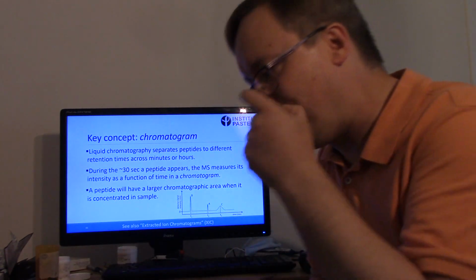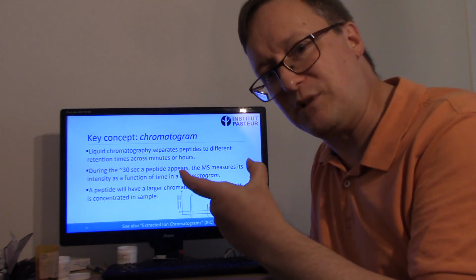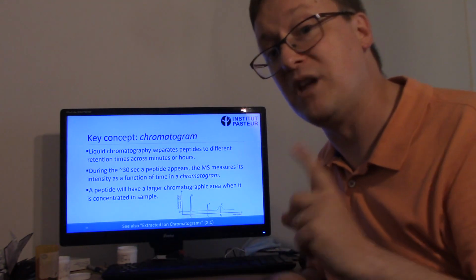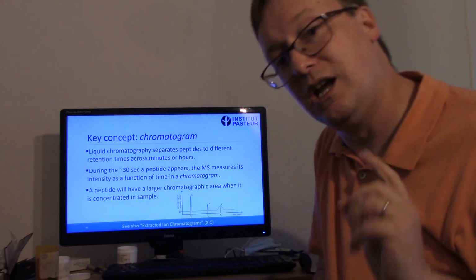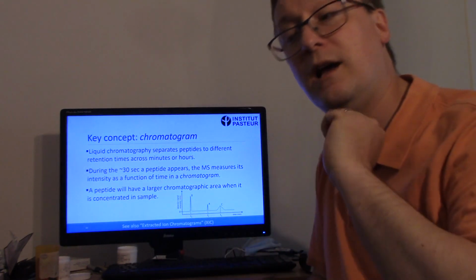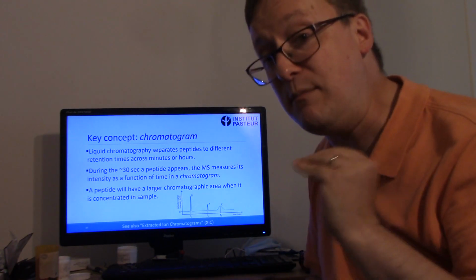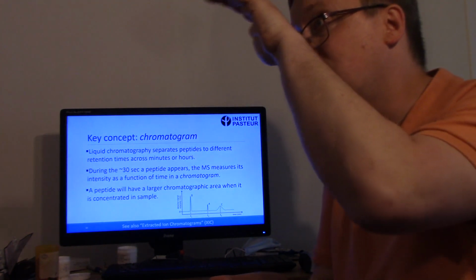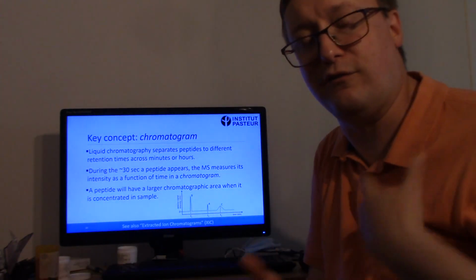So you have only 30 seconds during which this peptide is eluting to capture a tandem mass spectrum of it and thus identify it. But here we're talking about quantitation, and the quantitation is taking place in the label-free context at the level of the MS scan. So we have the moment when that peptide first appears, and then it tapers off and falls back to Earth again.